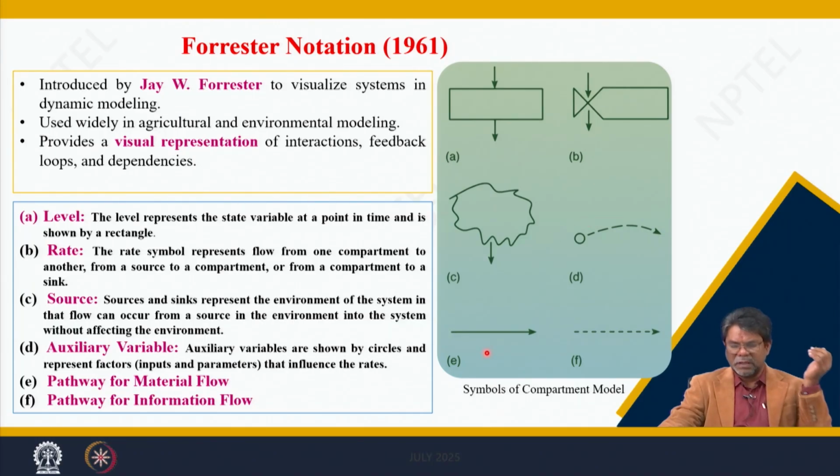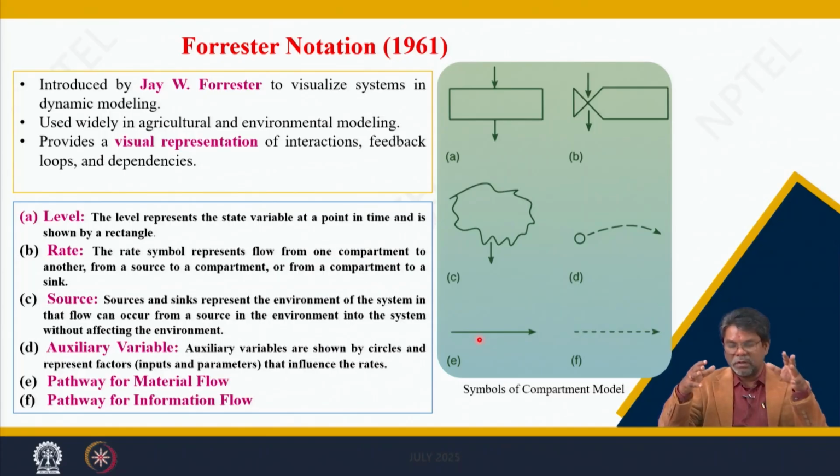Then you can see the E, that is a pathway for material flow. When you go to a flow chart of a model, how these are synchronized, how different components of the model interact with each other, that can be represented using this flow chart. So this is a pathway for material flow.